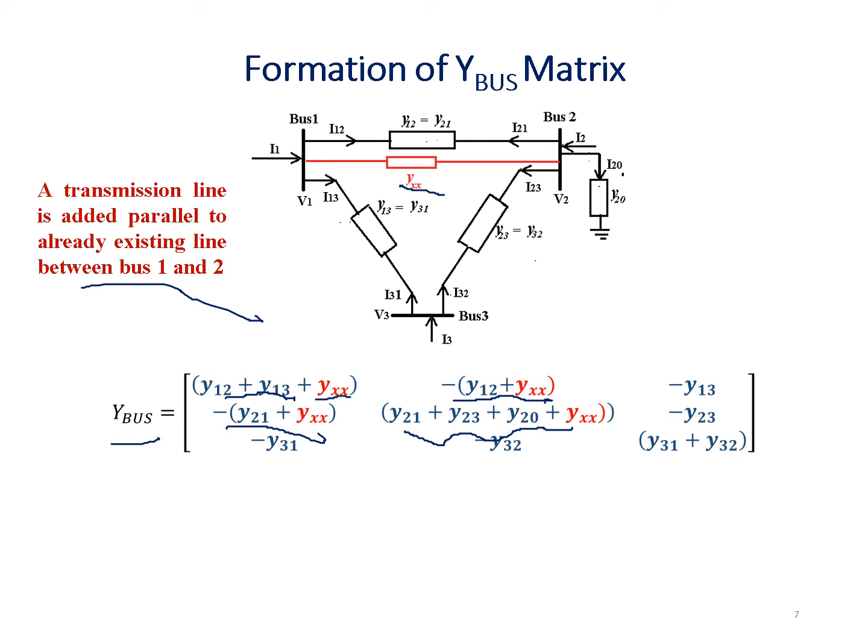Y11 is modified by this value, Y12 is modified by minus Y, Y21 similarly, and the off-diagonal element Y22 is modified in that way.